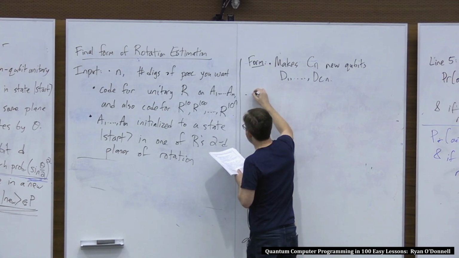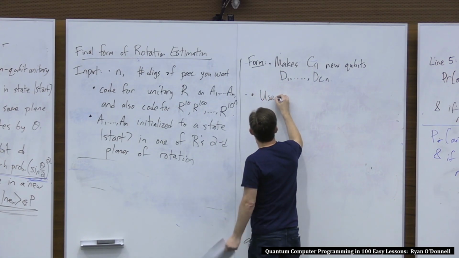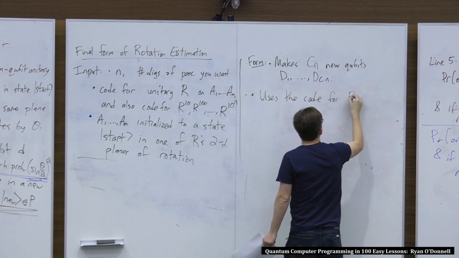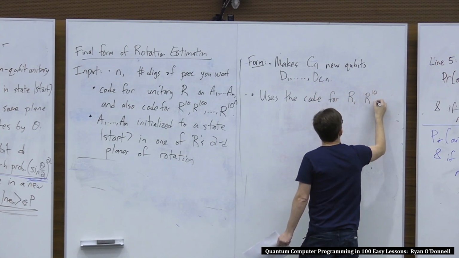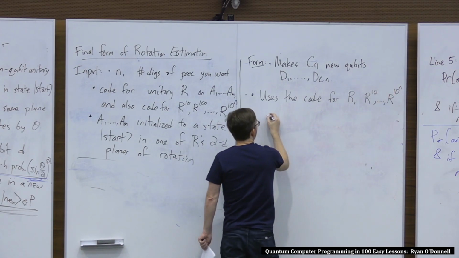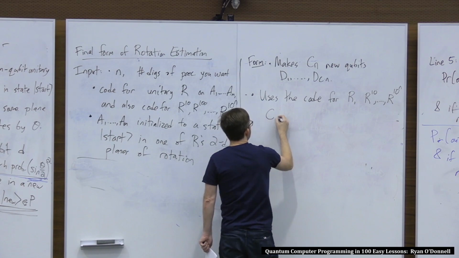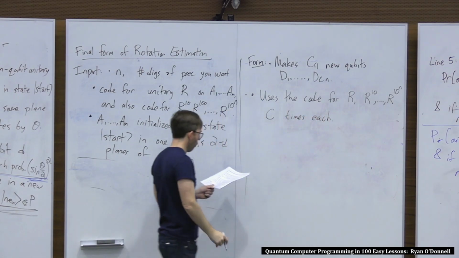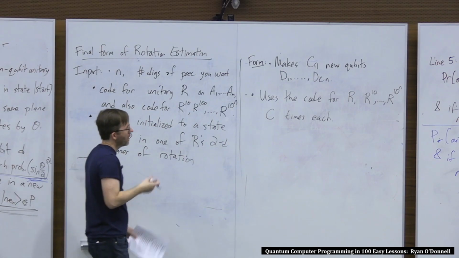Then it does all its unitaries. So it uses the code for R and for R to the 10 and R to the 10 to the n, C times each, where C is a constant.